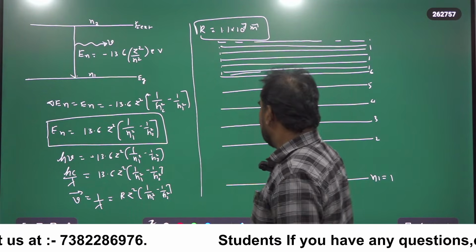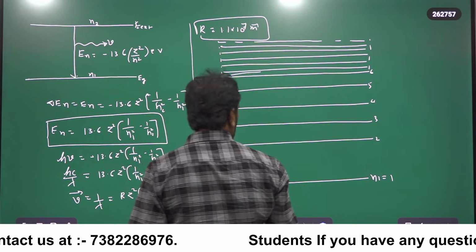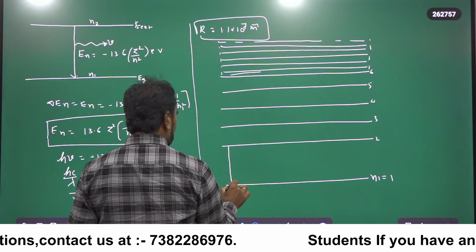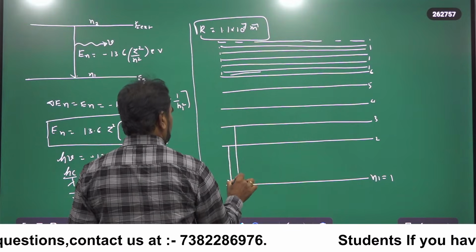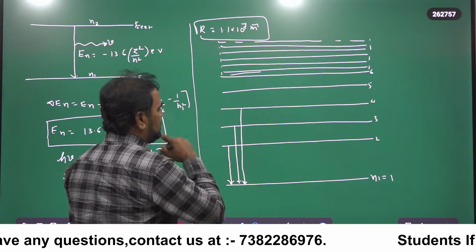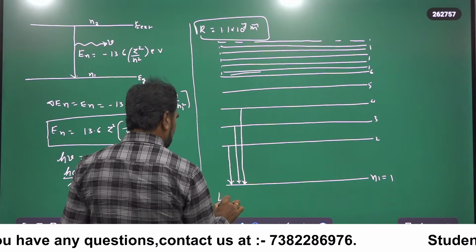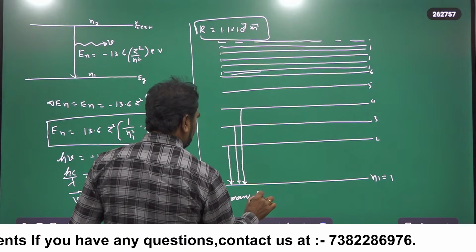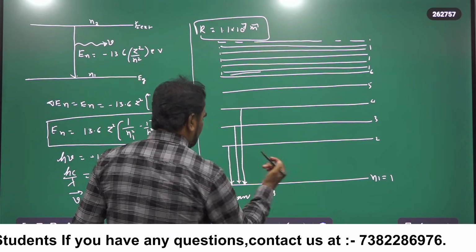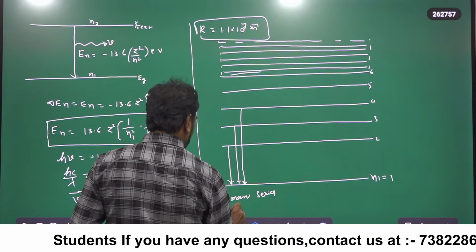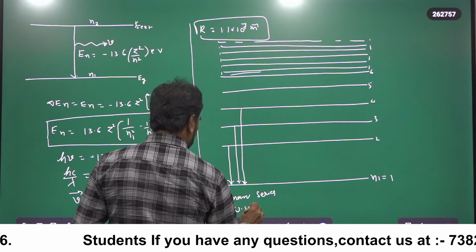Okay, when the electron undergoes transition from N2 to N1 is equal to 1 like this, what kind of series is formed? Lyman series is forming, which is in the UV, ultraviolet region.